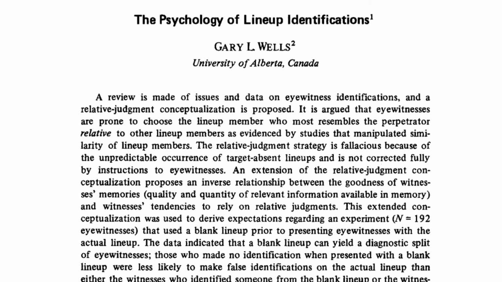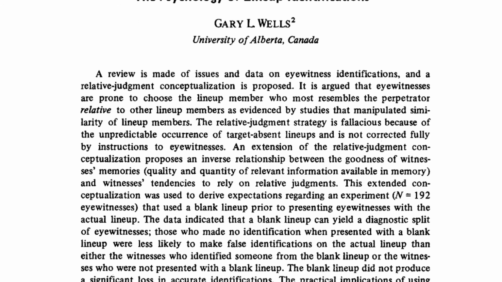You've essentially screened them for an inappropriate response bias. Gary Wells investigated whether this strategy worked or not, and he found that whether or not eyewitnesses made a false ID on the blank lineup predicted whether they would make a false ID on the real lineup. That is, we have evidence that this technique works.